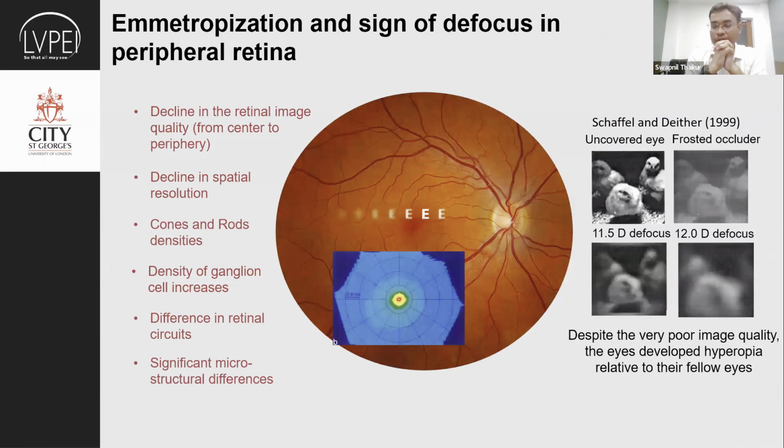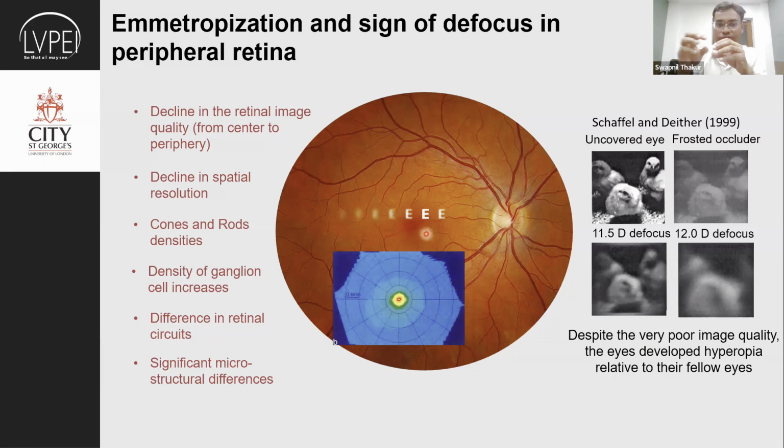So when we compare central retina and the peripheral retina, there are multiple things which can vary among them. If you focus on this figure, the central macula will have high contrast visual acuity. But as we go from the center to the periphery, the retinal image quality decreases.